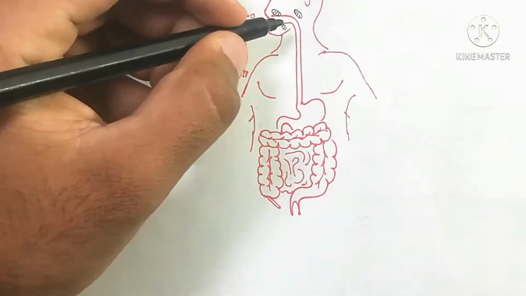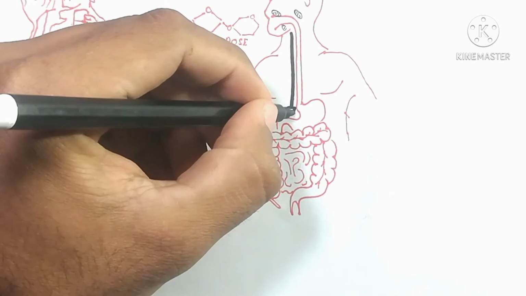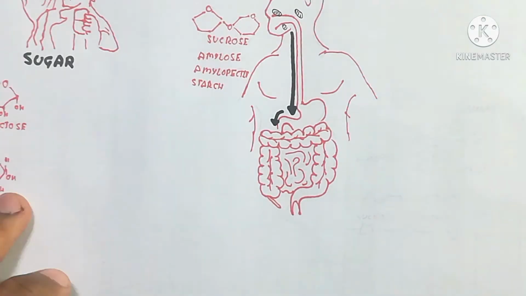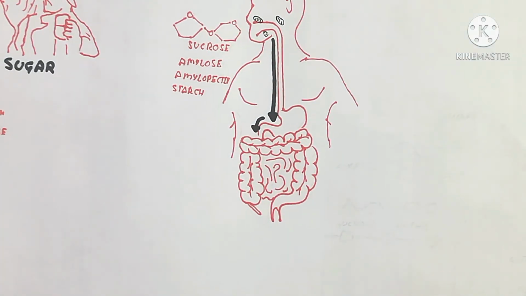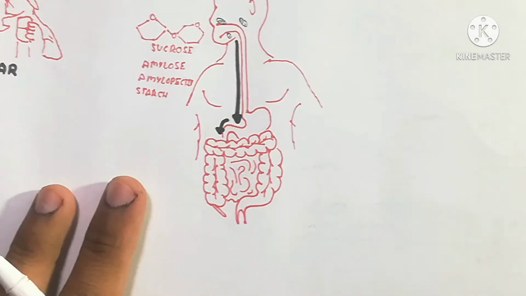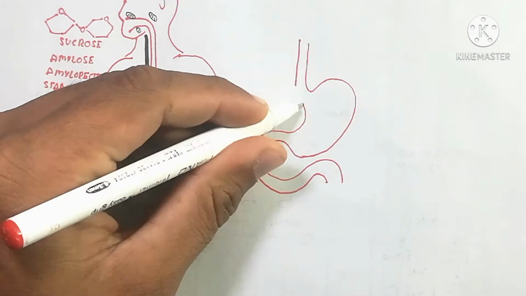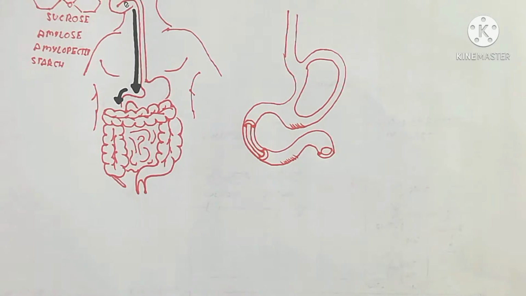These partially break down the large polysaccharide into smaller polysaccharides and oligosaccharides that go into the stomach, and the stomach will not hydrolyze them, and after that the pancreas will produce.